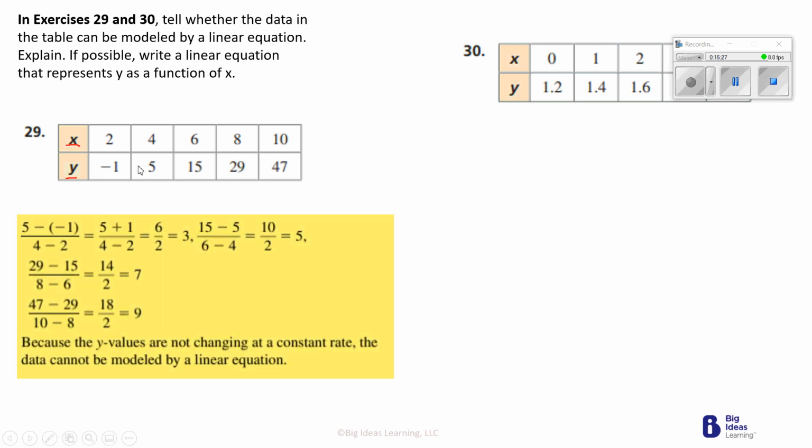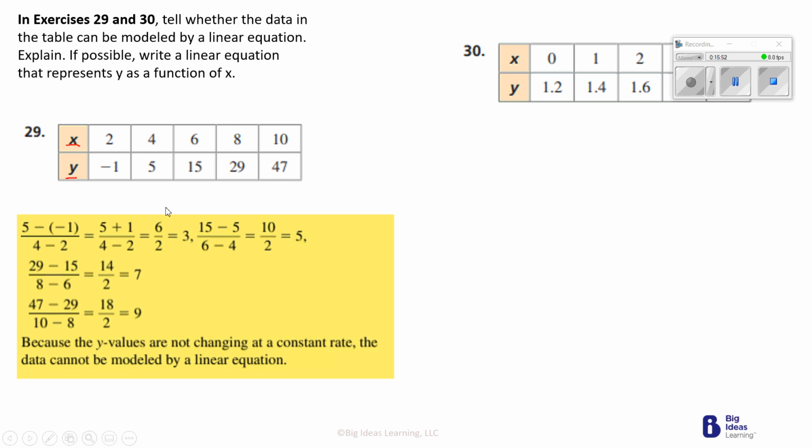So we've got 5 minus negative 1 for my y and 4 minus 2 for my x. This is going to give me 5 plus 1, which is 6, 4 minus 2, which is 2. That gives me a slope of 3. Then we're going to take 15 minus 5, which is 10, and 6 minus 4, which is 2. And 10 divided by 2 is 5. That is not equal 3.